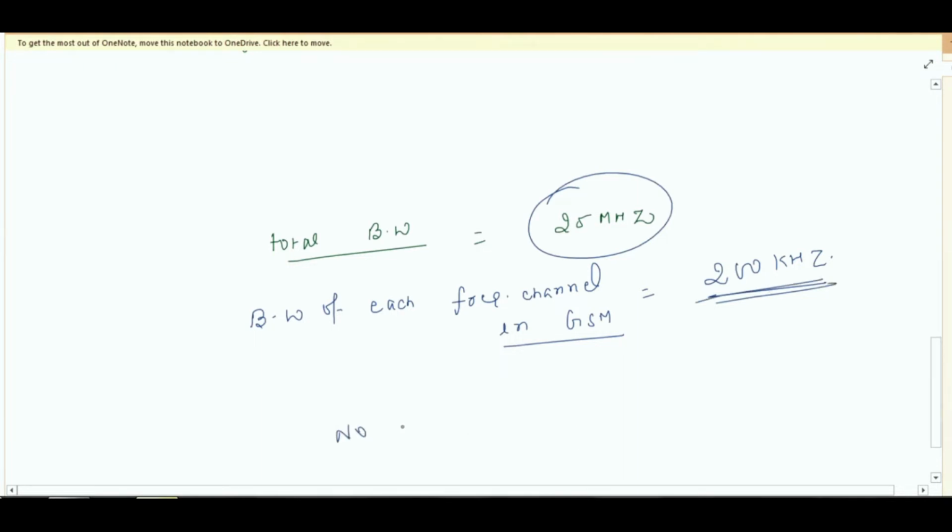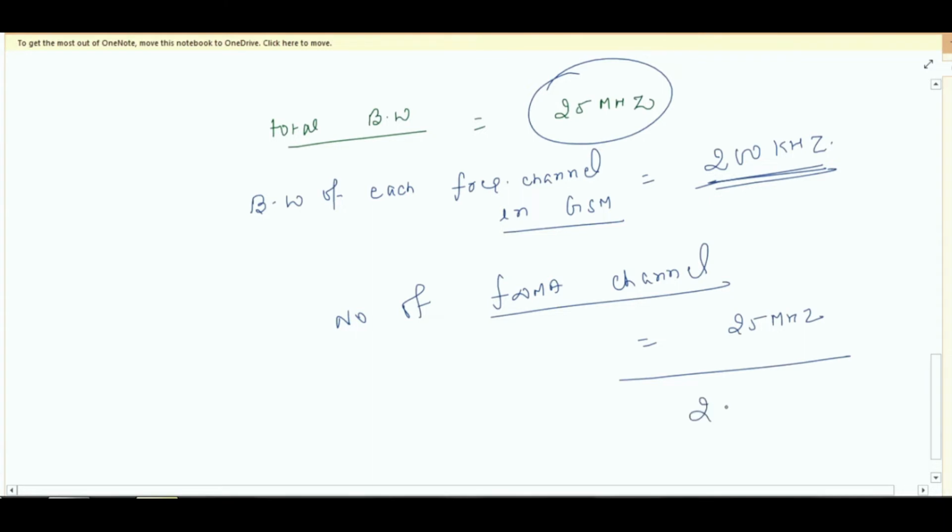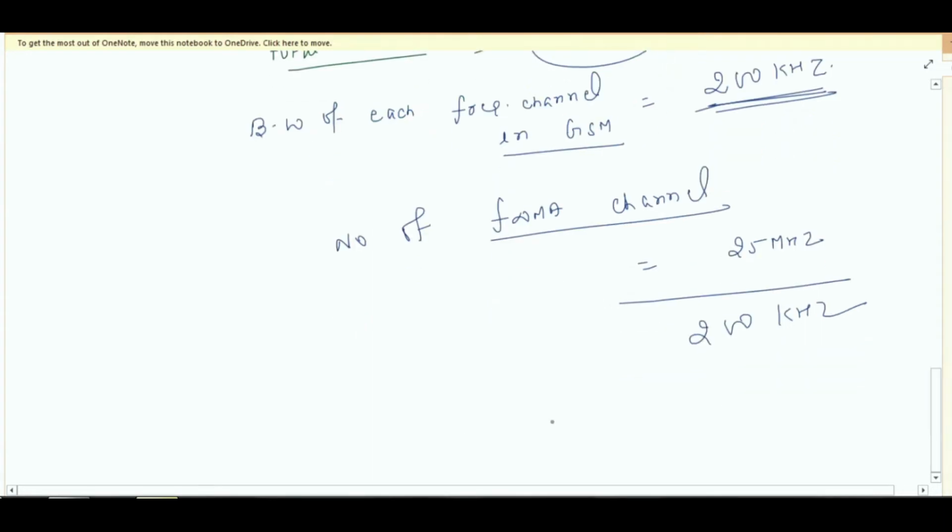So the number of FDMA channels is 25 megahertz divided by 200 kilohertz. This 25 megahertz means 25 multiplied by 10 to the power 3 kilohertz, and in 200 kilohertz, the 2 will go, so only 10 is left.